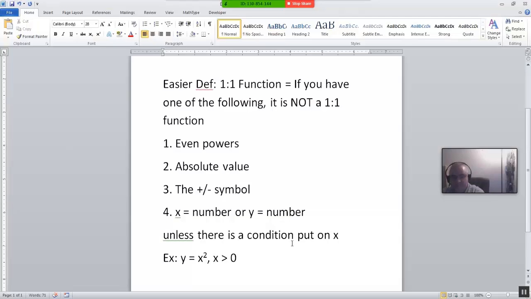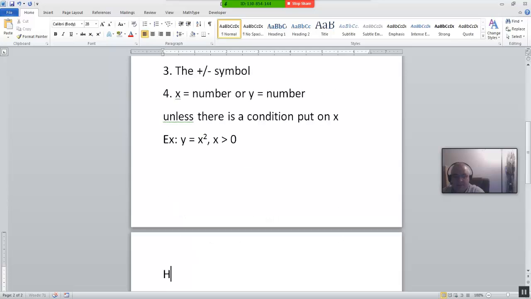Okay. Now we got something called, remember the vertical line test? Said if any vertical line intersects your graph at 2 or more places, it's not a function. We have a horizontal line test. Now this just checks the one-to-one part. The vertical line test still determines if it's a function or not.